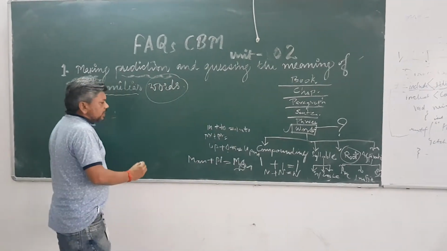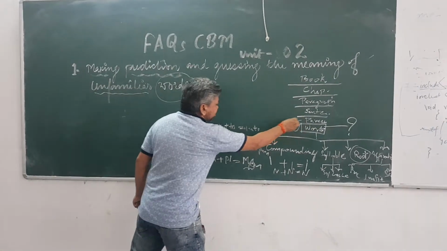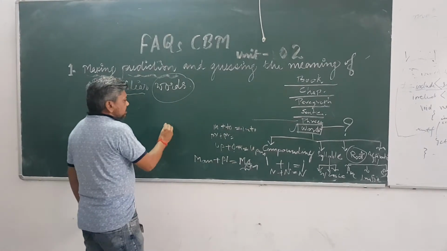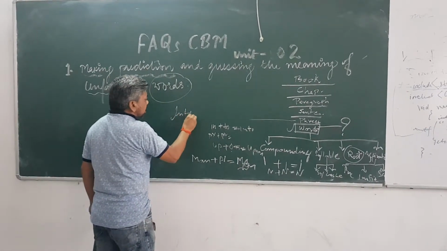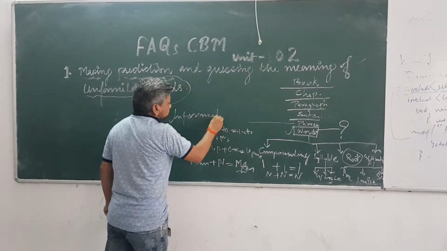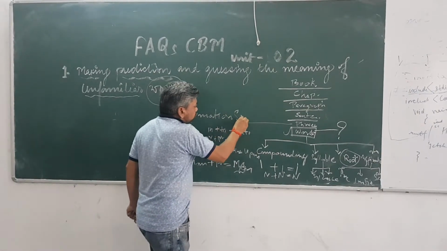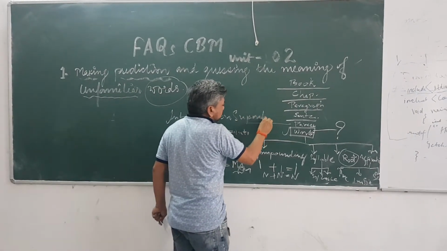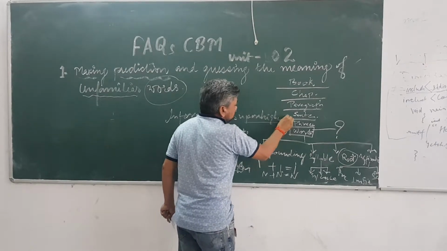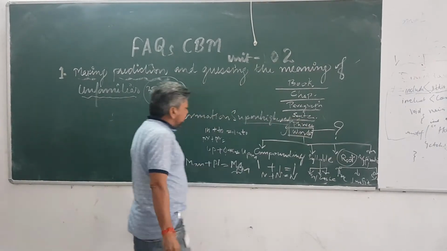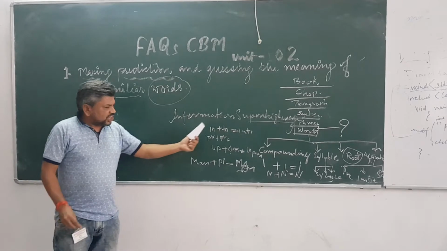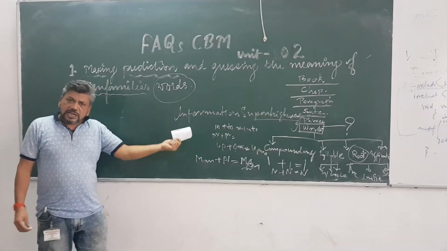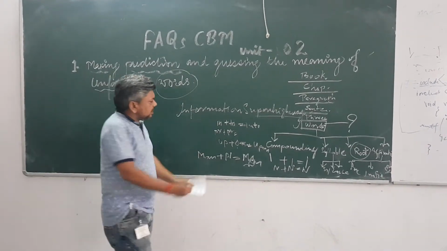For example, I would like to give you one compound phrase: information superhighways. This phrase you can judge very quickly after breaking it.